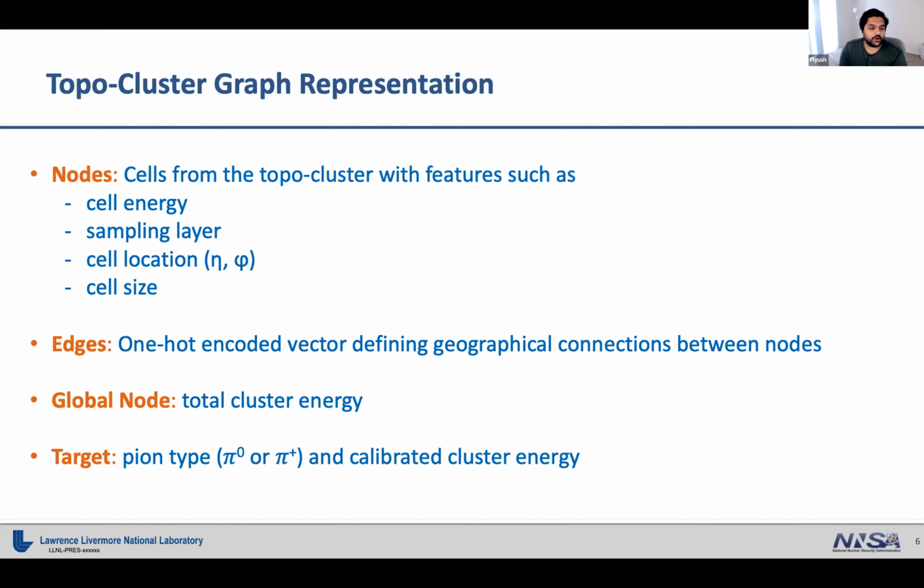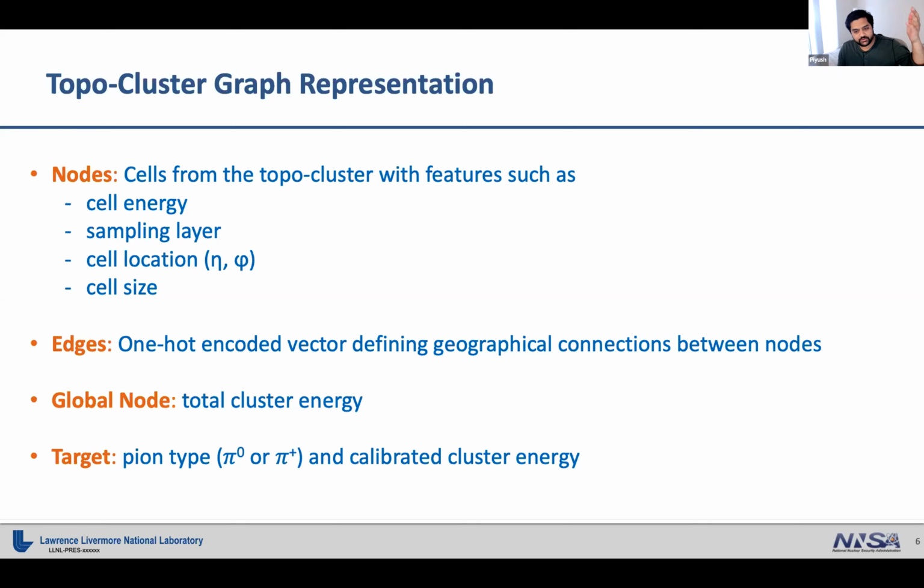And then we also had a global node, which aggregates data from all the nodes and edges, and there was just a single global feature called the total cluster energy, which is basically the total energy deposited in the cluster, the sum of all the cells in the cluster.